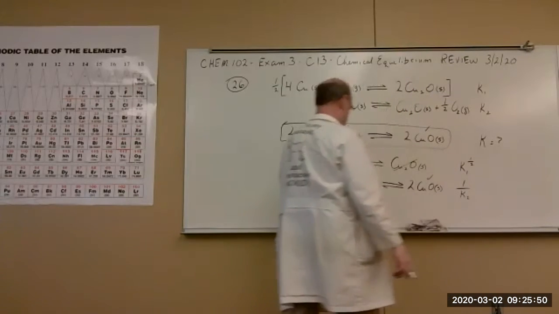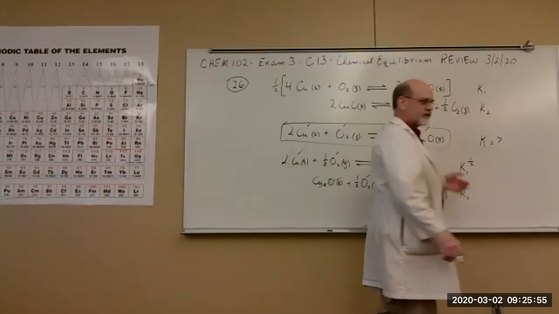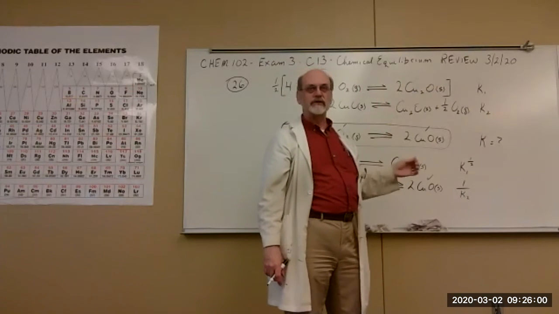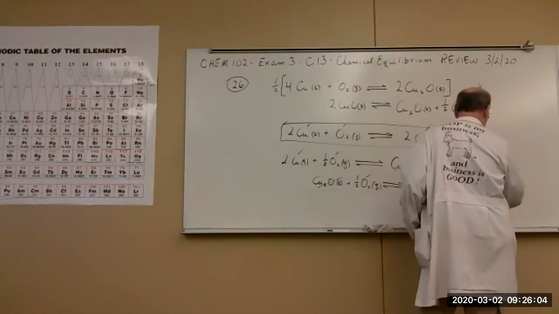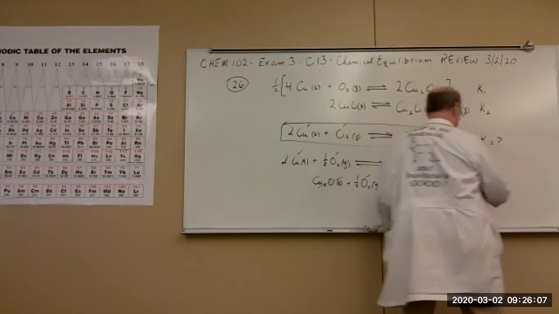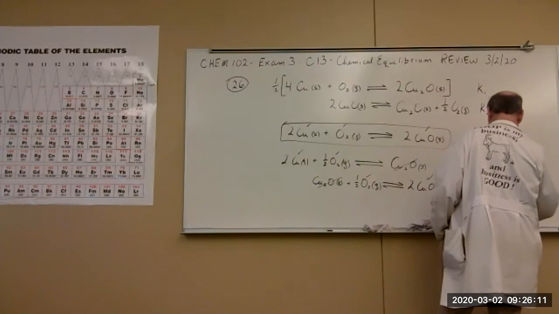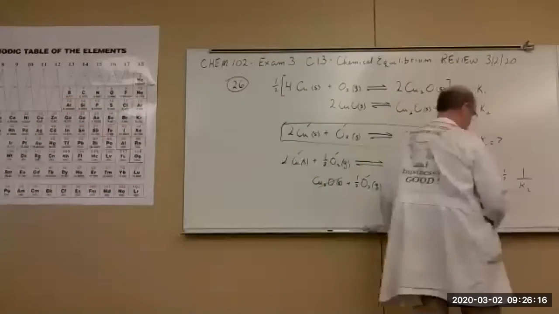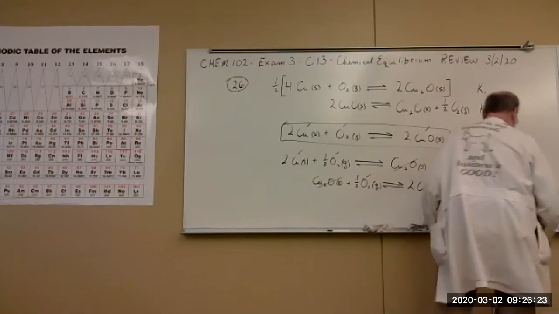All right. So now, how do we combine the Ks for these 2 reactions? When you add 2 reactions, you multiply the Ks. So we multiply these together, and we get K1 to the 1/2 times 1 over K2, which is equal to K1 to the 1/2 divided by K2.